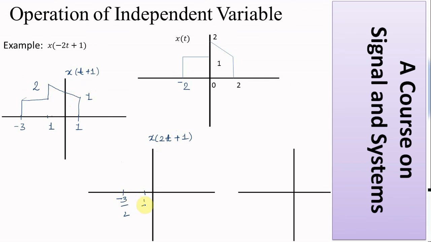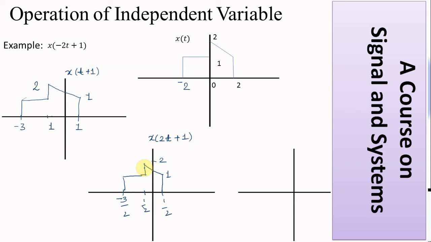The value 1 will become 1 by 2. The amplitude remains the same. We are not altering the amplitude. It will be something like this. So this is my x of 2t plus 1.